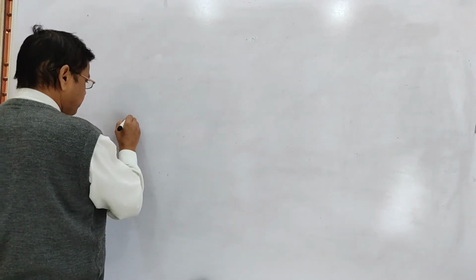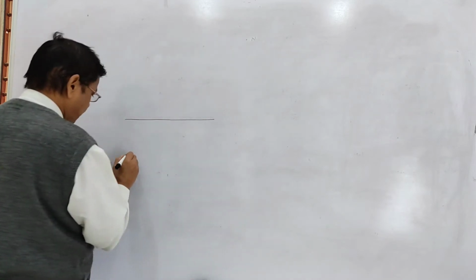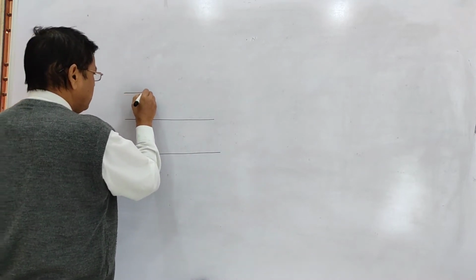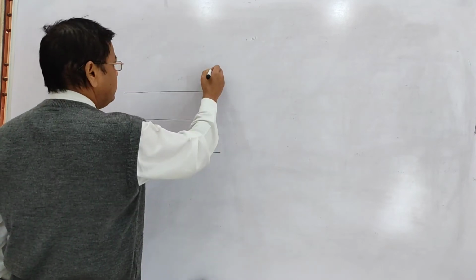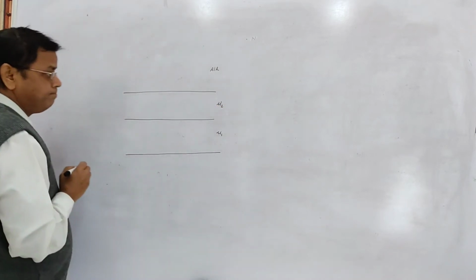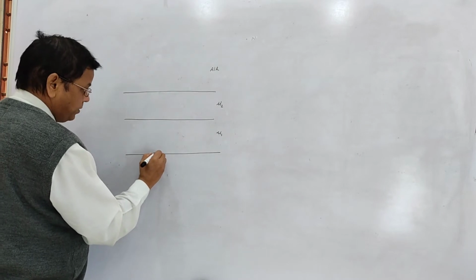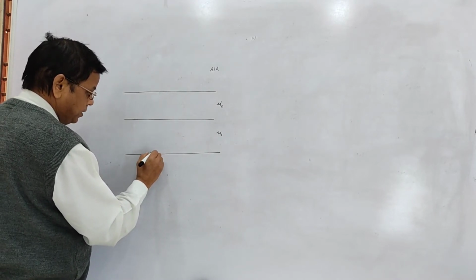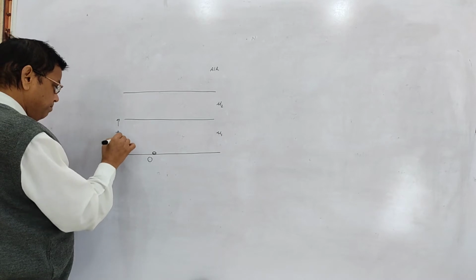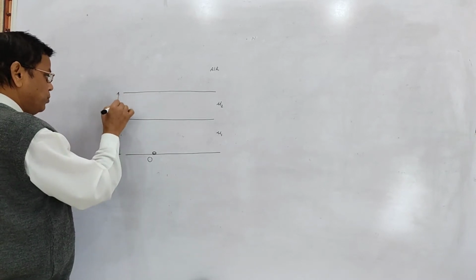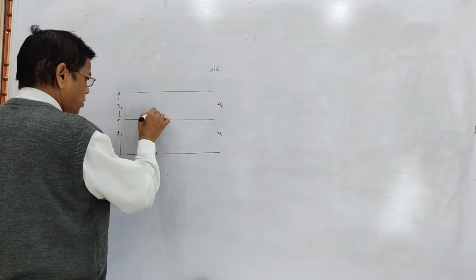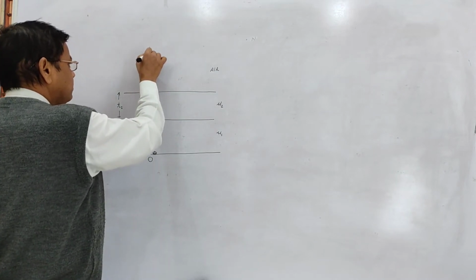Suppose this is medium 1, this is medium 2, and then here there is air, with refractive index mu 2 and refractive index mu 1, and there is an object somewhere here. This is the object O. The thickness of this is T1 and the thickness of this is T2. So the ray will go like this.